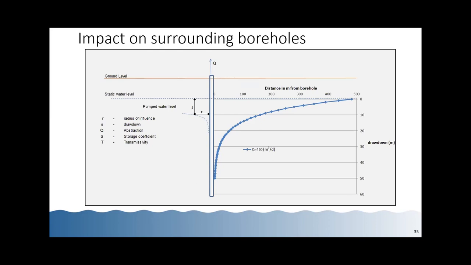It can be the same for a municipal supply borehole that is newly put up near an industrial borehole that's supplying factories with water, or it can be a municipal supply borehole where a mine has come up and put a new dewatering borehole nearby and might impact on the municipal use. There's a whole host of scenarios where impact between different boreholes can become a serious source of conflict in the future.